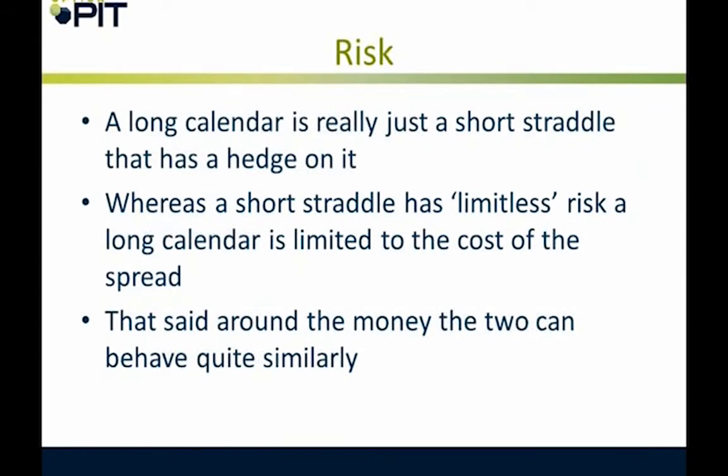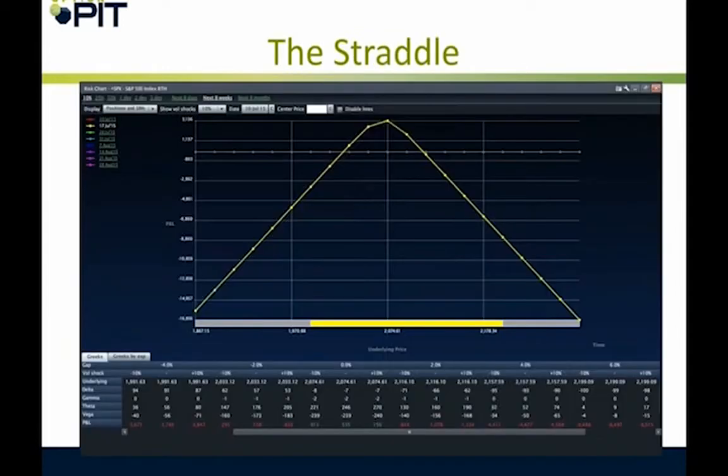So a long calendar, when you buy a calendar spread, you really just short a straddle and then hedge it. That is all. Whereas a short straddle has limitless risk, notice this trade, if the S&P drops, loses money forever.